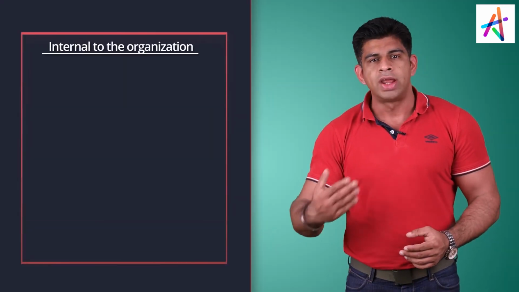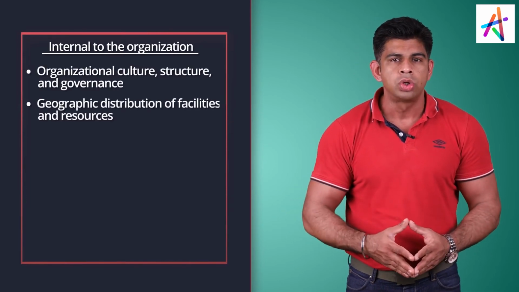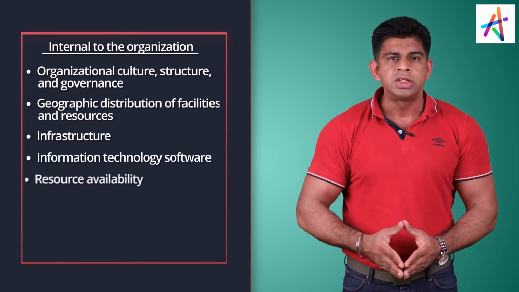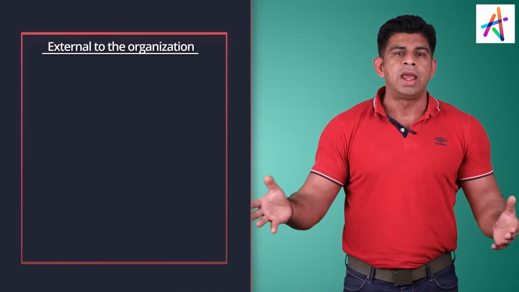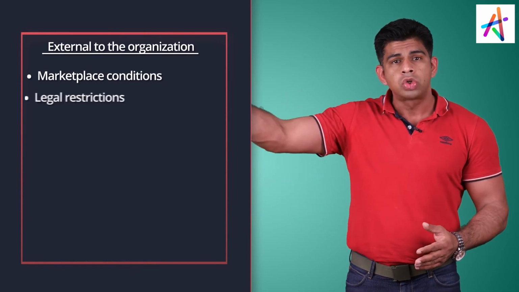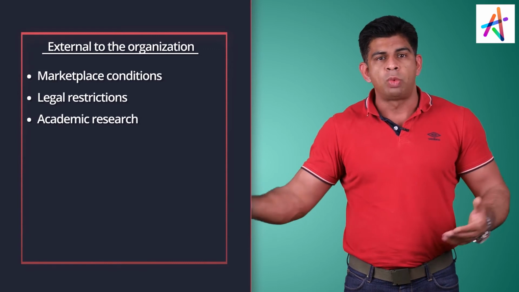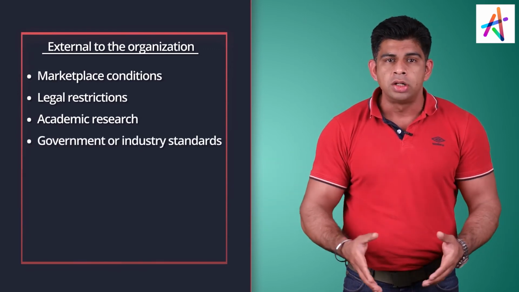Internal to the organization, these are the organization's culture, structure, and governance, geographic distribution of facility resources, infrastructure, resource availability, employee capability, etc. And external to the organization would be marketplace conditions, legal restrictions, legal requirements, some academic research which you might have to abide by or adopt, government or industry standards.